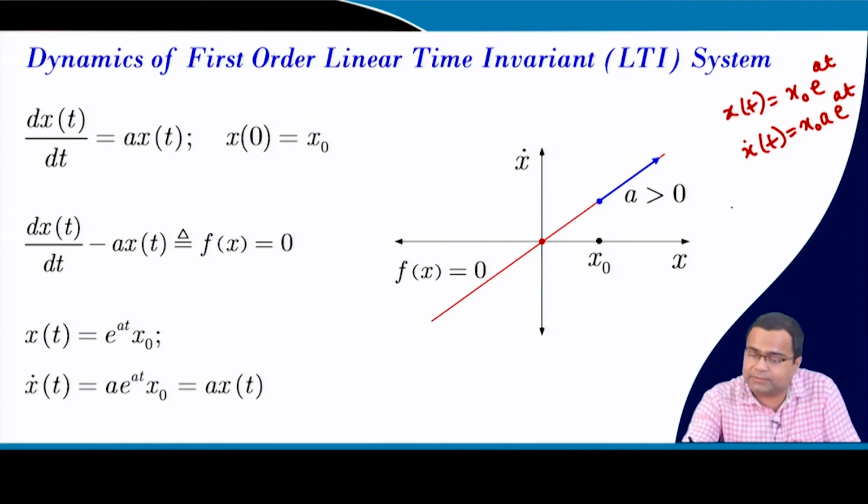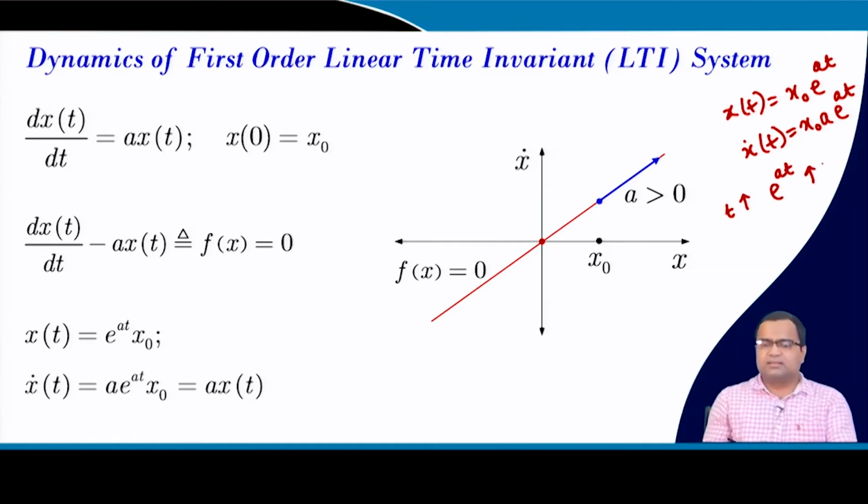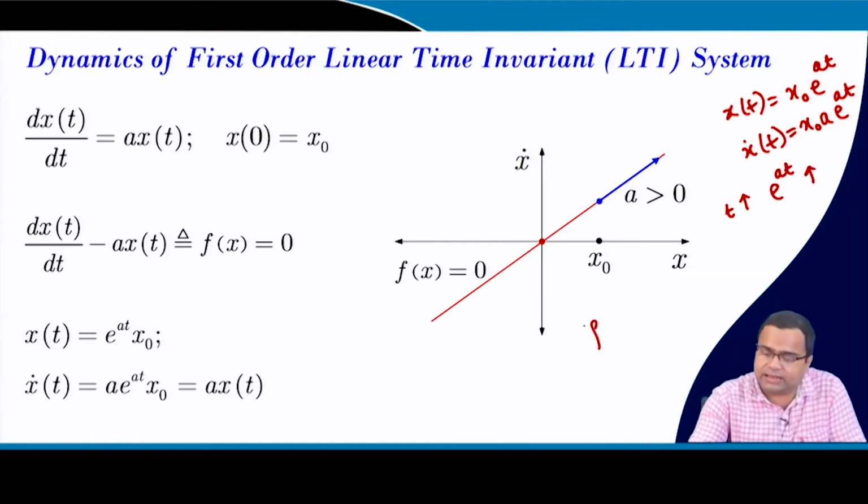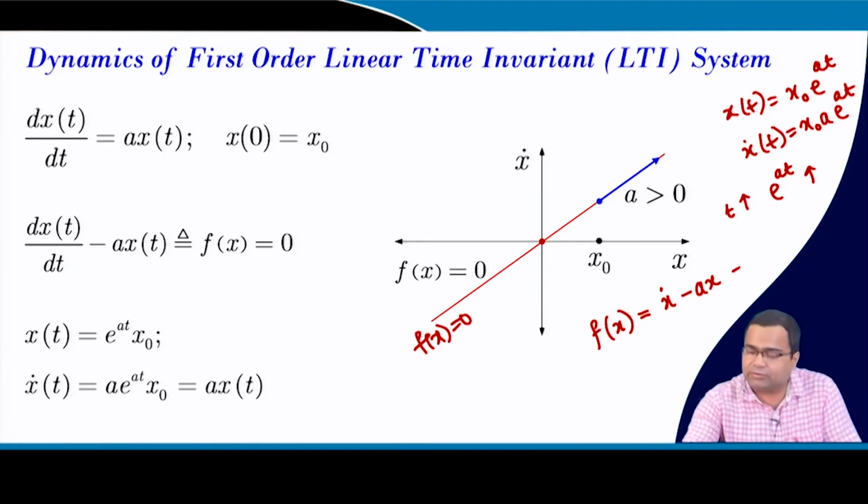Since A is positive, as t increases, e to the power At will increase. And what is the equation of this line? So, this is f(x) equal to 0, and what is f(x) that we have chosen? It is nothing but x dot minus A x equal to 0. So, x dot equal to A x.